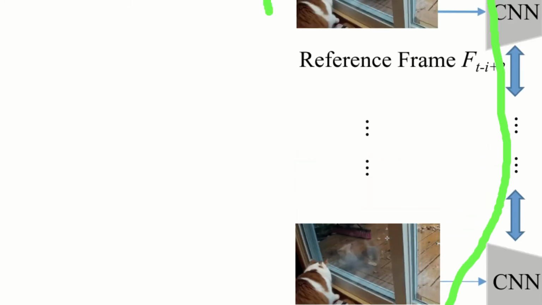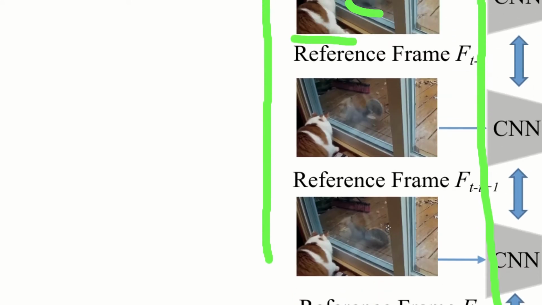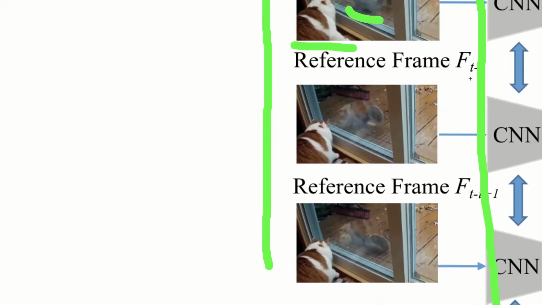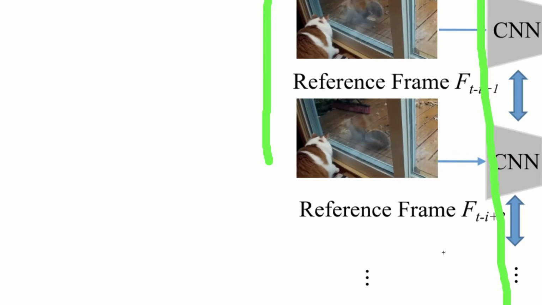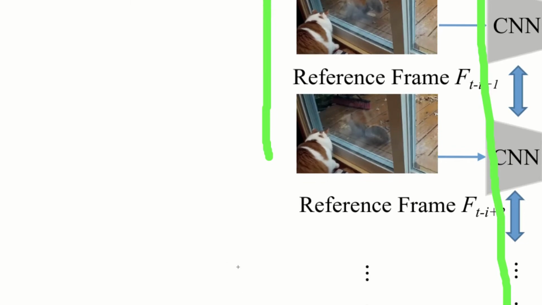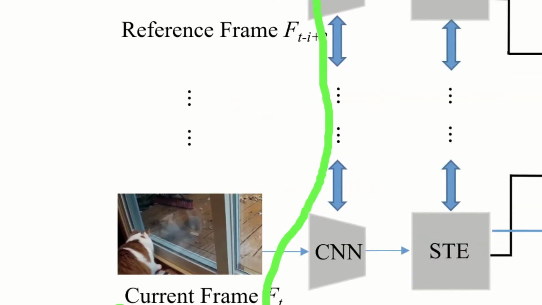And this video object detector makes use of these previous reference frames at t-e, t-e+1, and t-e+2 to then make a good detection for the current frame.